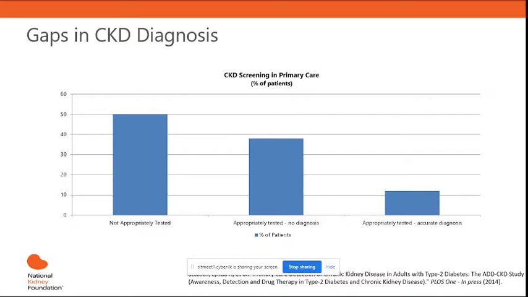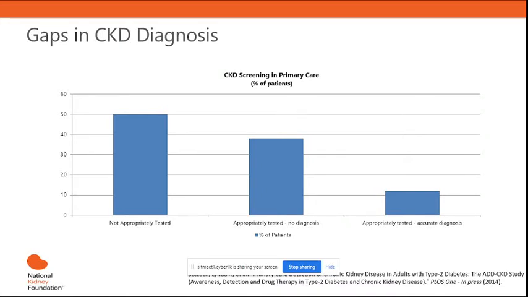So, how do we screen and evaluate patients with chronic kidney disease? This is a study showing CKD screening in primary care, and 50% of the patients are not screened in primary care, right?